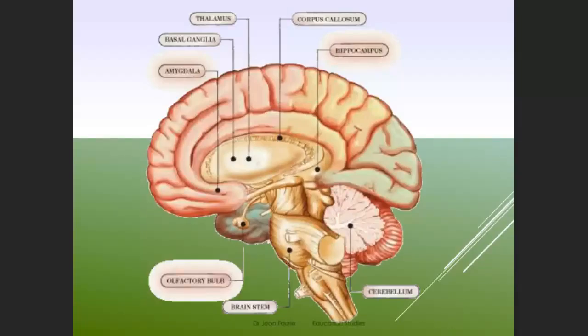So these are all the structures right in the center, the thalamus and the hippocampus. These are all involved in the emotional regulation of what's happening in the brain.